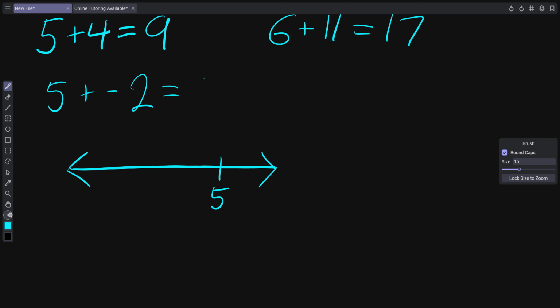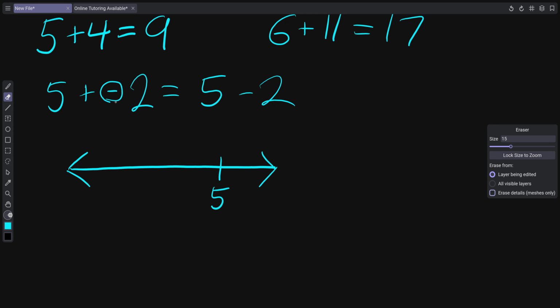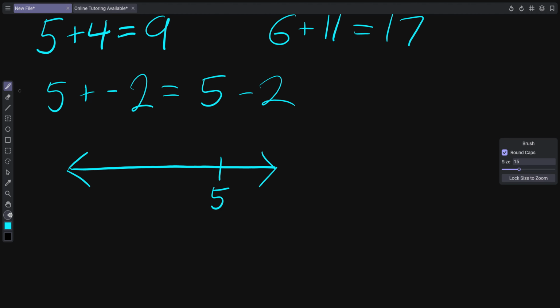Another way we could write this is by just writing 5 minus 2, because this negative here is going to negate the addition sign, and it's just going to become 5 minus 2. So we just count down by 2 steps, and that would bring us to 4, and finally to 3, and 3 would be our final answer here.